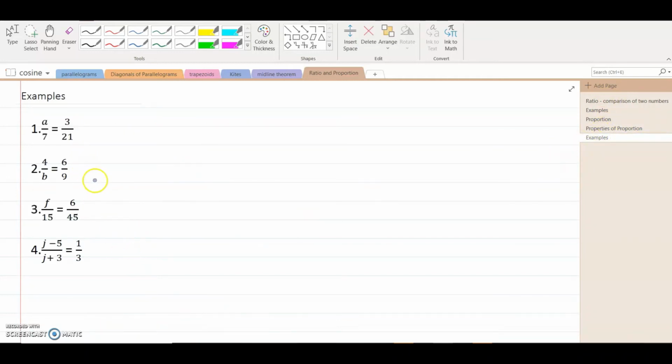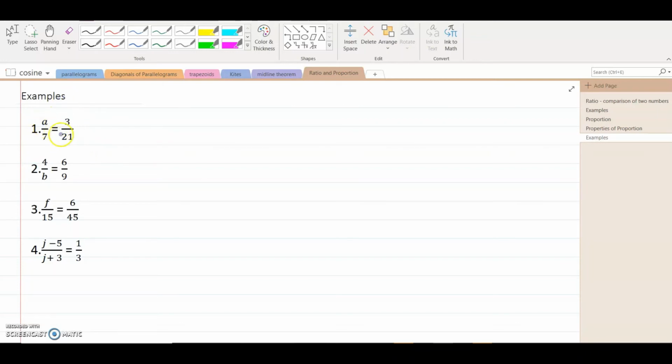Okay, let's have number 1. So we have A is to 7 equals 3 is to 21. The missing term here is letter A, or our extremes. To solve for A, we can use the cross product property.